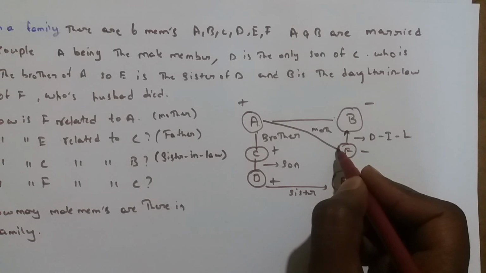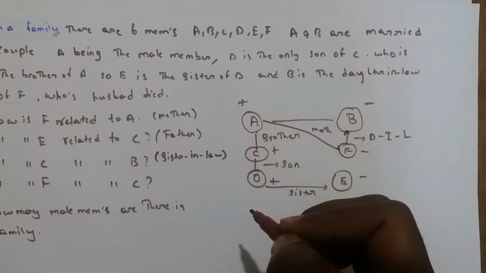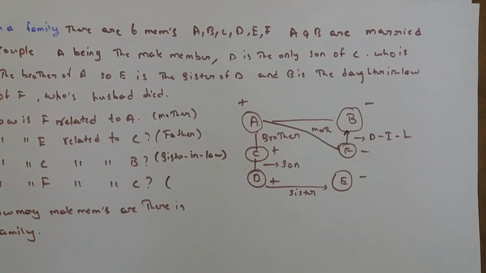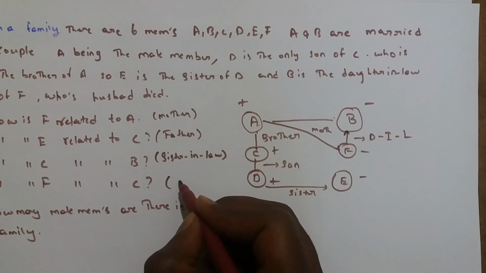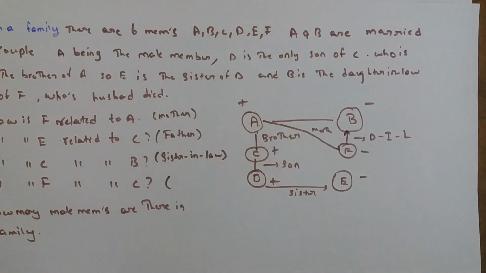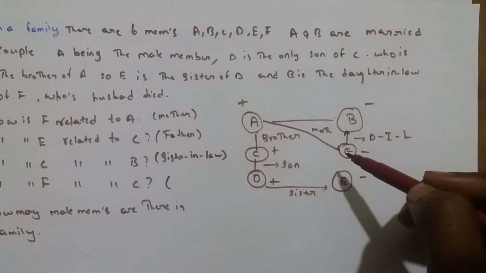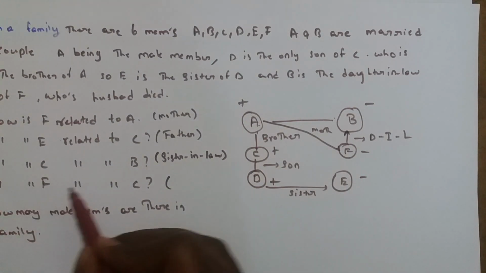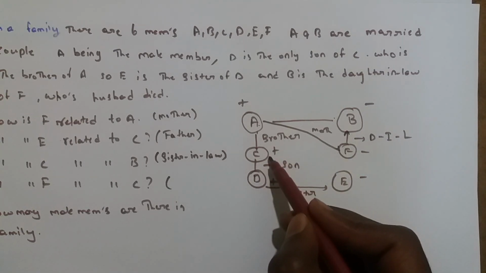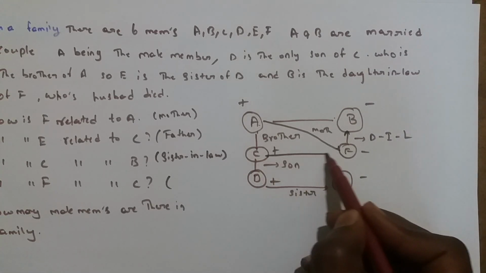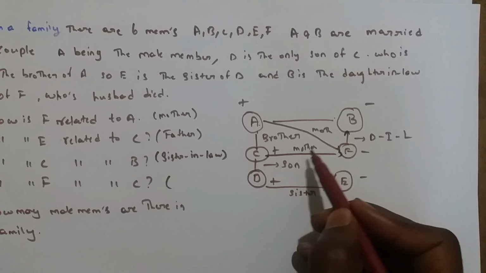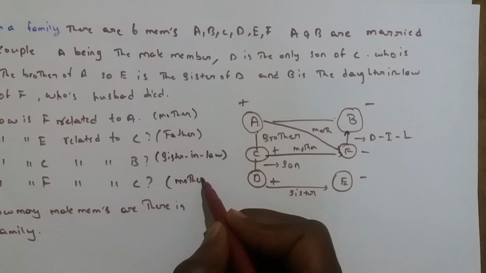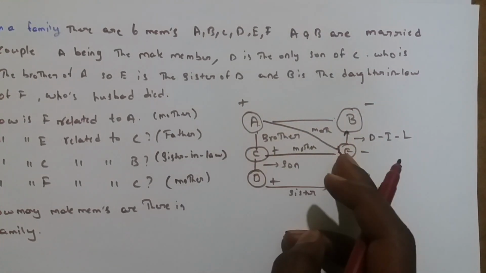Since A and C are both brothers, F is also C's mother. So F is related to C as mother. Both are brothers, right?